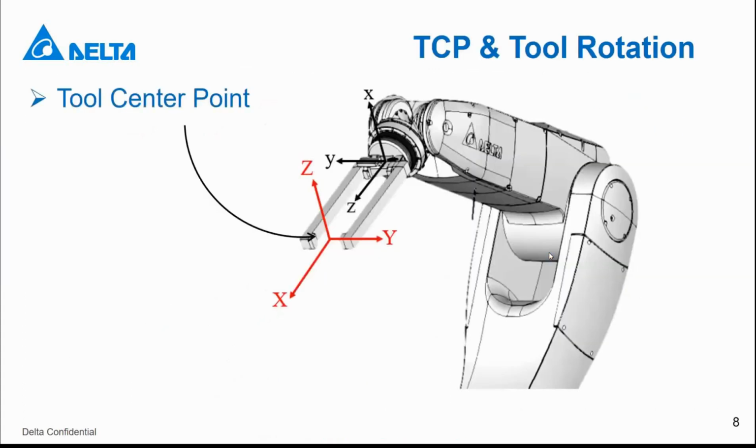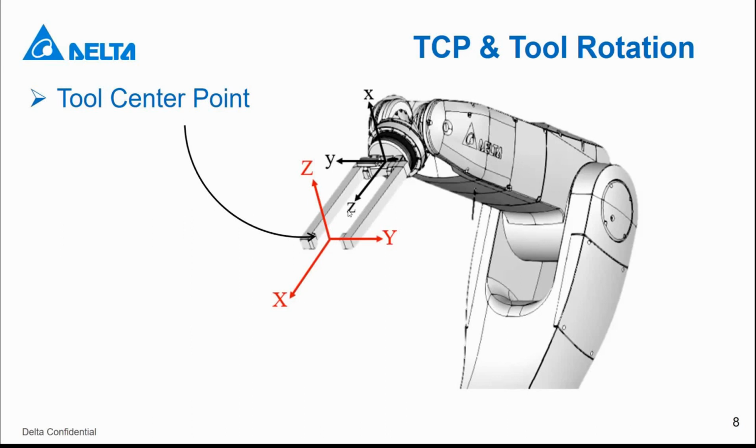And then first is the tool frame. For the tool frame, we have two parts we need to teach. One is TCP, one is the tool rotation. So what's the TCP? TCP means tool center point. This means it's the point we will work on the workpiece.